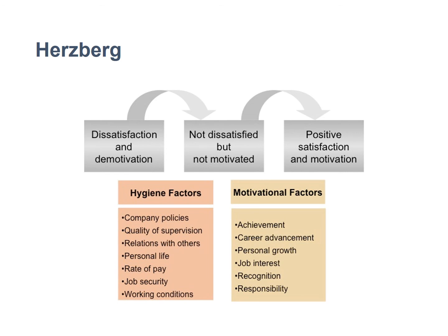Yes, you have personal growth, job interest, but then perhaps you're not getting paid what you think you should be paid for what you're doing, and so on and so forth. So, this balances it out. So again, dissatisfaction and demotivation, to not dissatisfied but not motivated, to positive satisfaction and motivation.